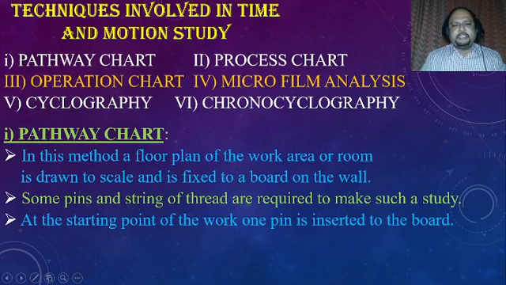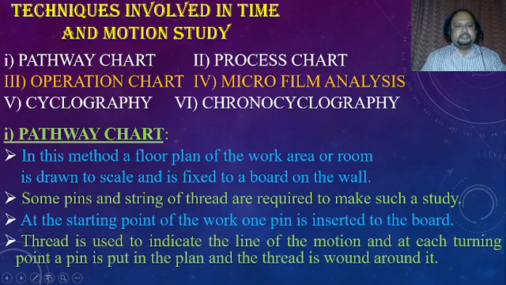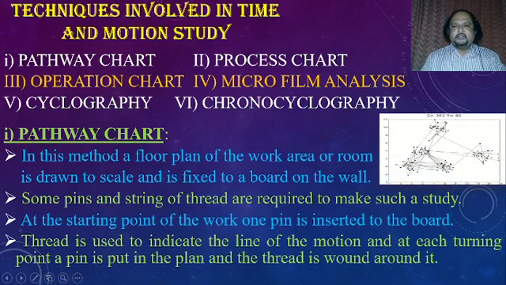At the starting point of the work, one pin is inserted into the board. Thread is used to indicate the line of the motion, and at each turning point a pin is put in the plane and the thread is wound around it. So this is what is done in pathway chart.